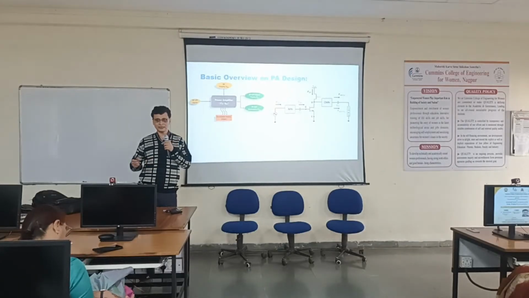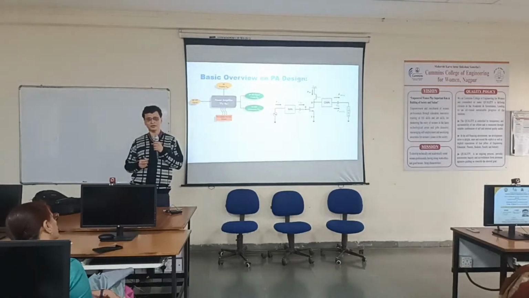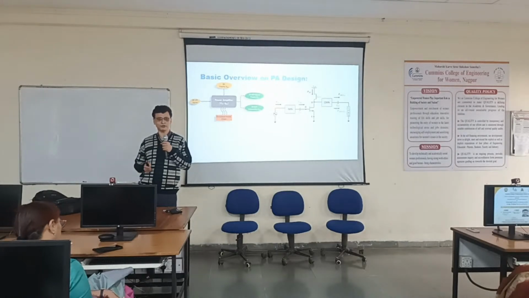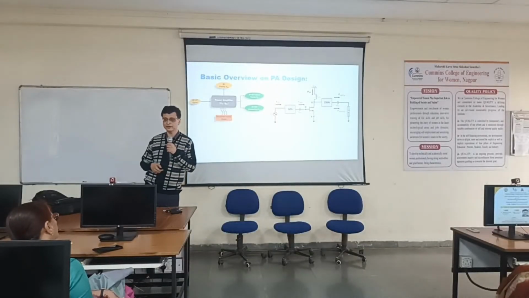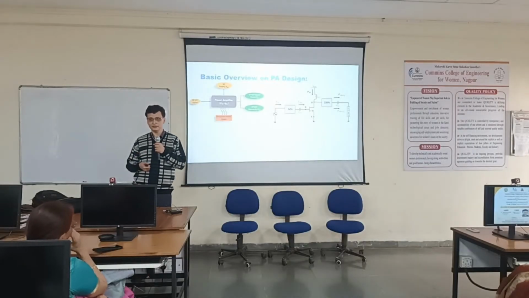But research on power amplifiers has been continuing, and every time a new standard comes, some new power amplifier with more efficiency is required. So our work is in this regard, to find a power amplifier that caters to the 5G standard and also provides high efficiency.